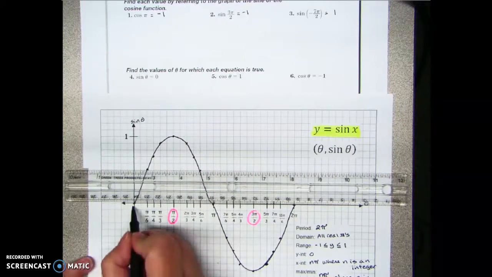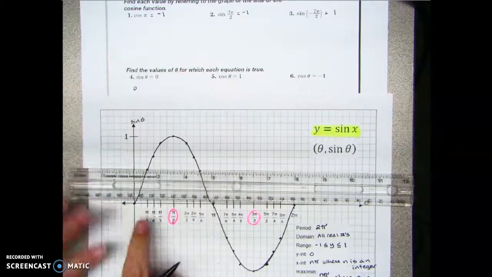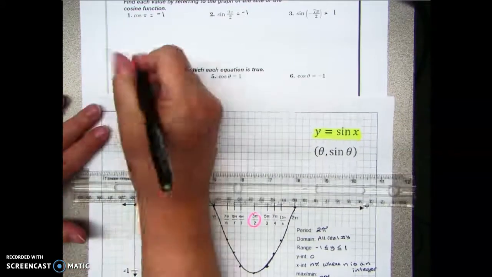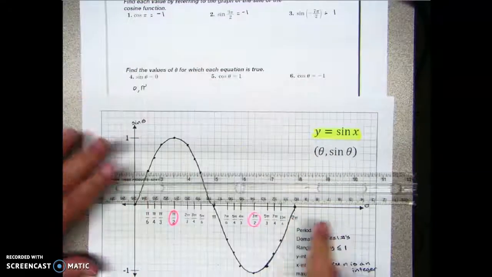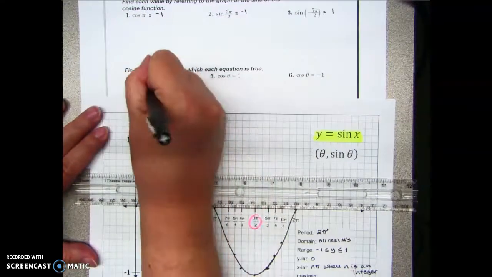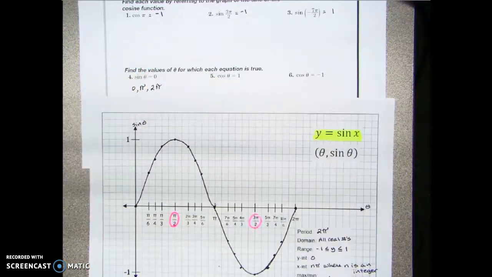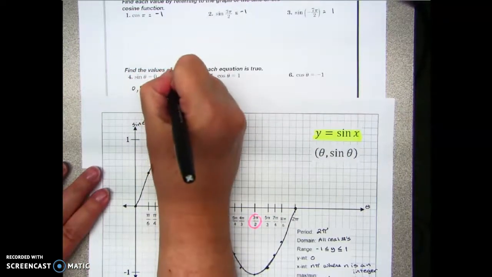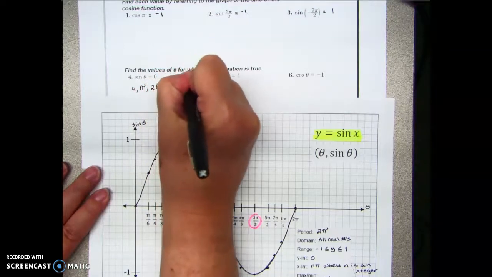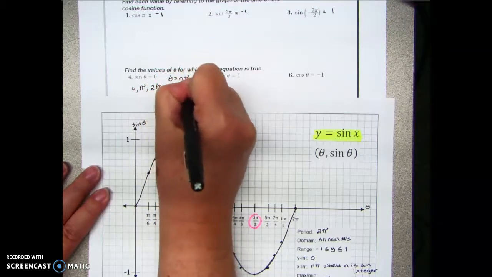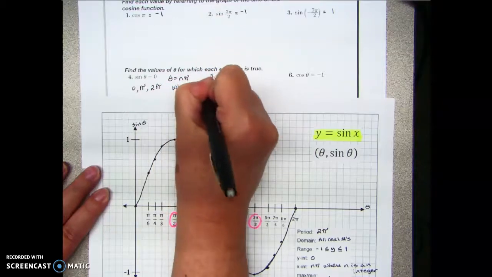Notice I have one here at 0, one here at pi, and another 0 here at 2 pi. And so sine of theta is equal to 0 anytime theta is equal to n pi, where n is an integer.